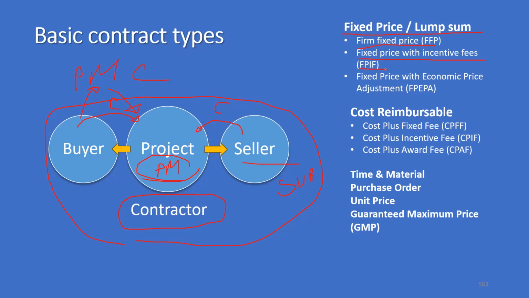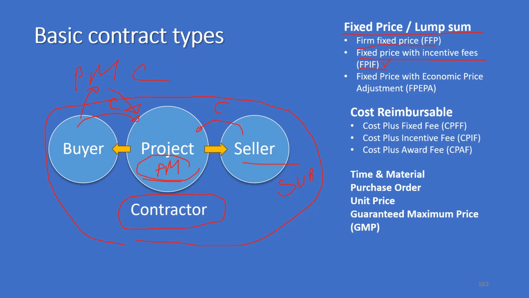That means in case you complete the project ahead of schedule, you get the fixed price, and on top of it, you get some incentives. Or if you complete the project with good quality, then you are rewarded with the agreed fixed price, and on top of it, you get some incentives as well. So another variant of fixed price is fixed price with incentive fee.